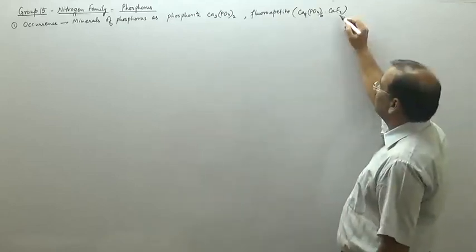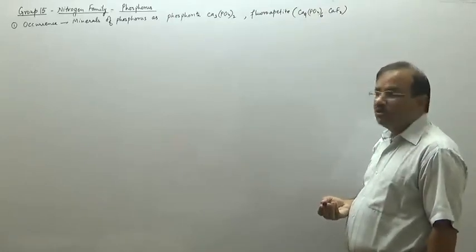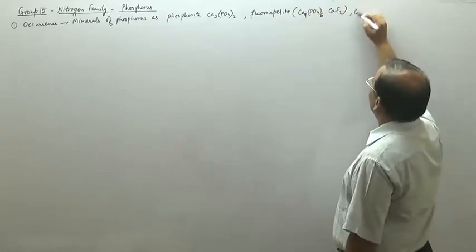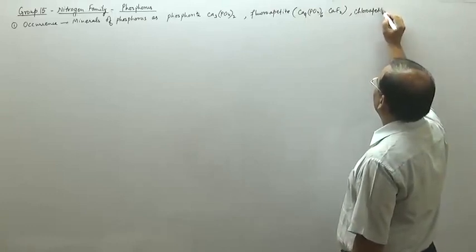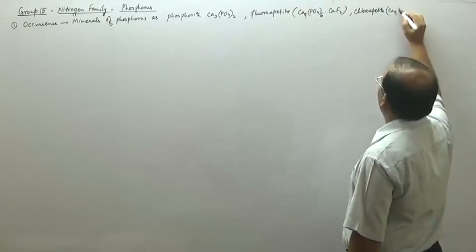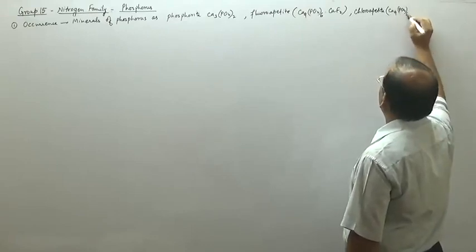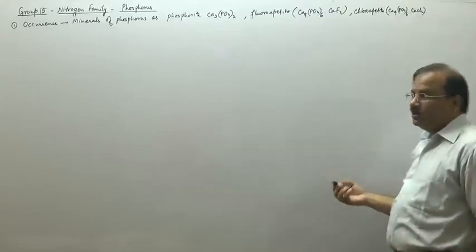Similarly, if in place of fluorine I write chlorine, it is called chloroapatite. Apatite we can write like this: Ca9(PO4)6 dot CaCl2, that is chloroapatite.